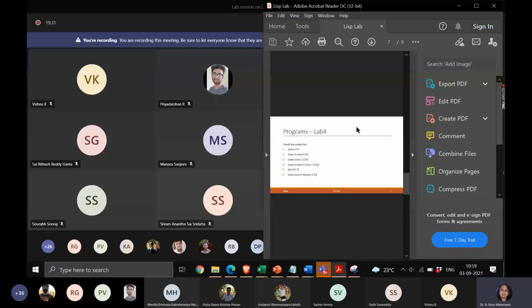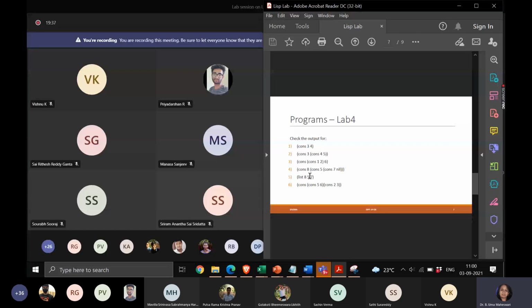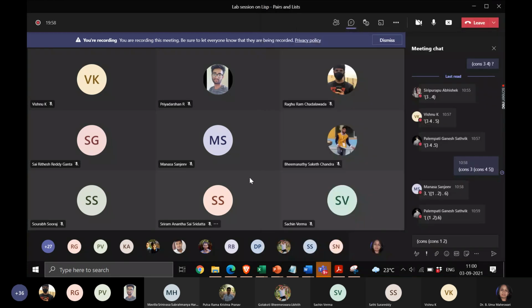If you go inside, cons 1, 2 is the innermost one. So 1.2. 1.2 will be the first element of the outer cons. So 1.2 and then 6. Are you getting the same? Yes? Ganesh, you have given an answer? Yeah. Thank you. Let's take the fourth one.